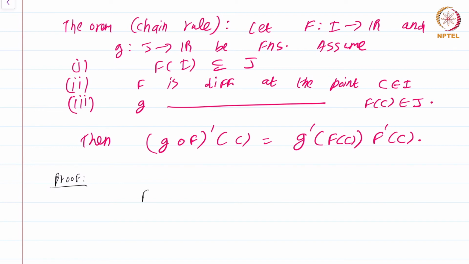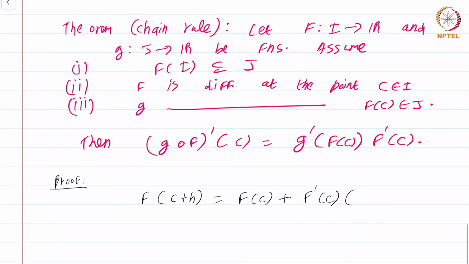So we already know that f of c plus h is equal to f of c plus f prime at c times h, plus this error term of h into h.